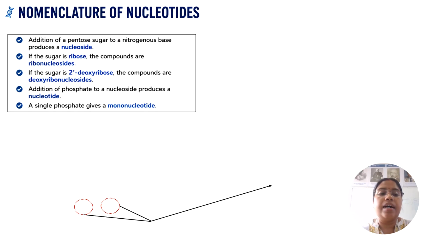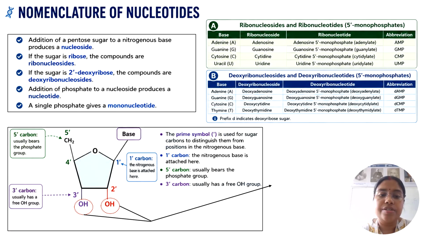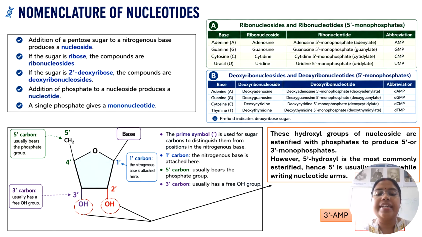Then the nomenclature of the nucleotides: adenine is the base and the ribonucleoside is adenosine. If the sugar is ribose, it is a ribonucleoside, and if it is 2-deoxyribose as a sugar, then we know it is a deoxyribonucleoside. If phosphate is attached with the nucleoside, it will come as a nucleotide.